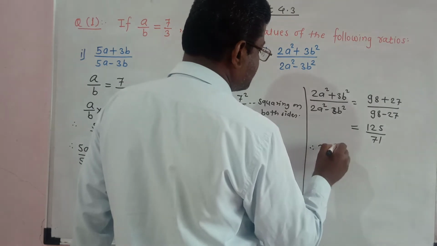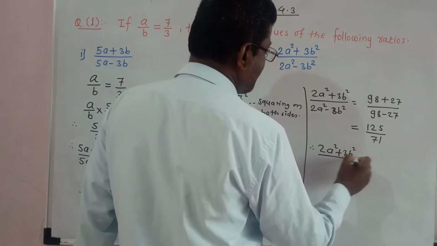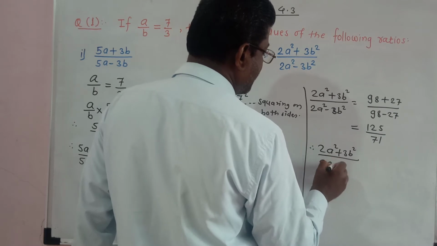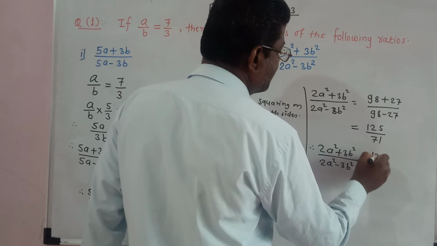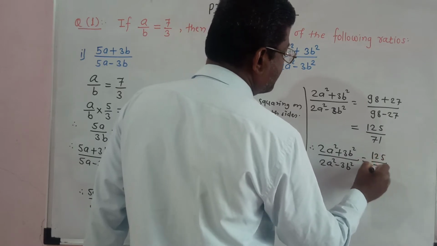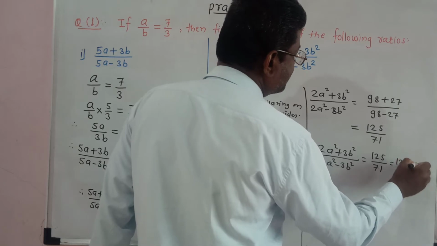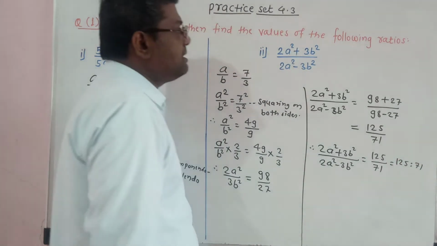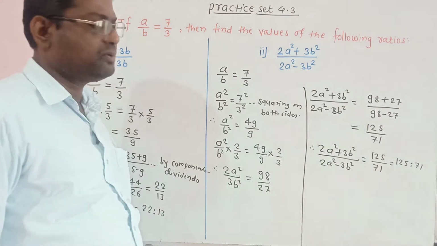Therefore 2A square plus 3B square upon 2A square minus 3B square is equal to 125 upon 71, is equal to 125:71, the value of the required ratio.